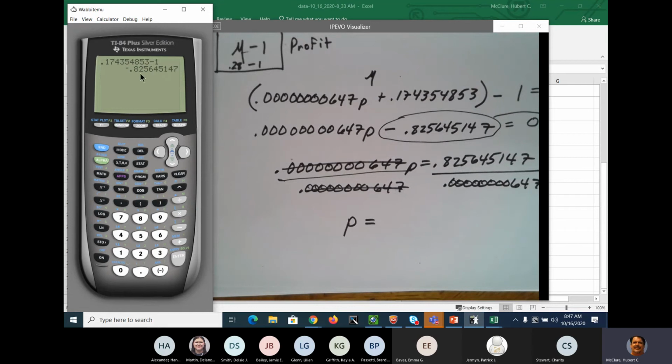And that cancels, and the price to make a profit is going to be, and I'm going to change this into a negative, second answer equals, there we go, divided by 8 zeros: 1, 2, 3, 4, 5, 6, 7, 8, 6, 4, 7.